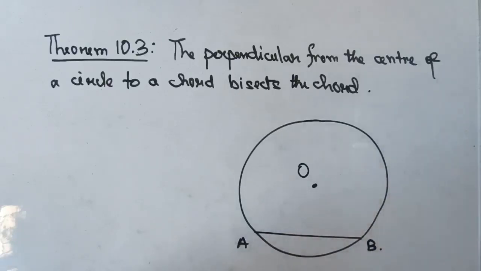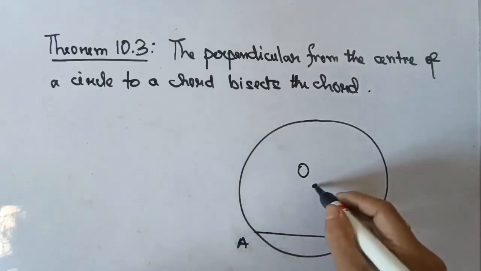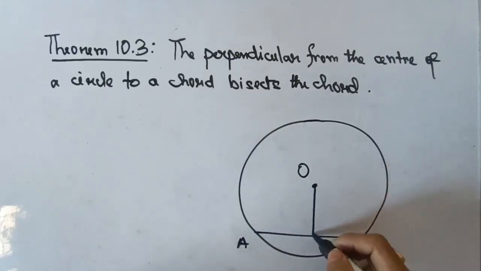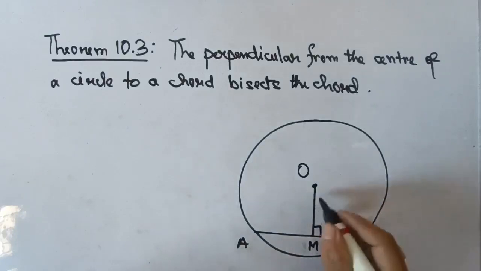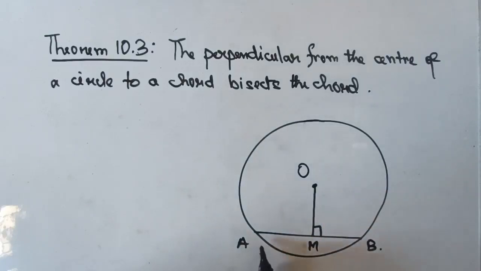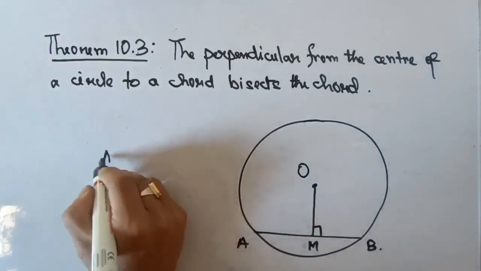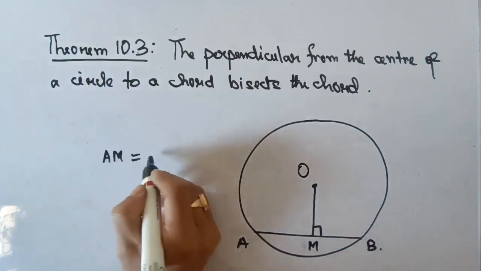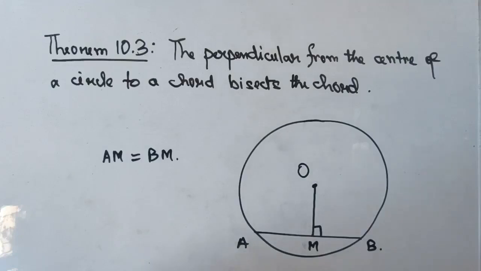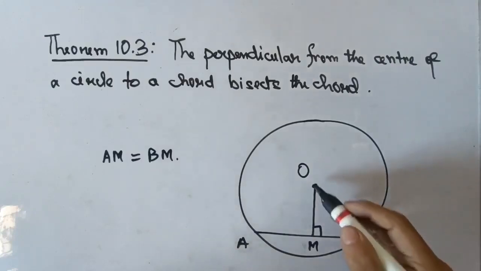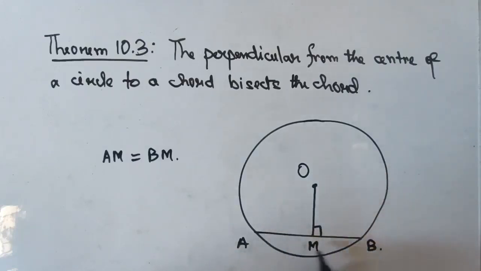Now if I draw a perpendicular from the center of the circle to the chord, then it bisects the chord. So AM will be equal to BM. So the line perpendicular from the center of a circle to the chord bisects the chord.